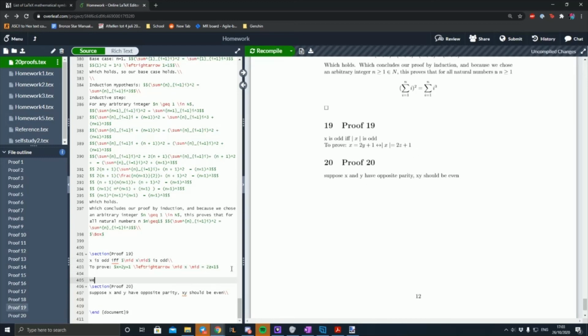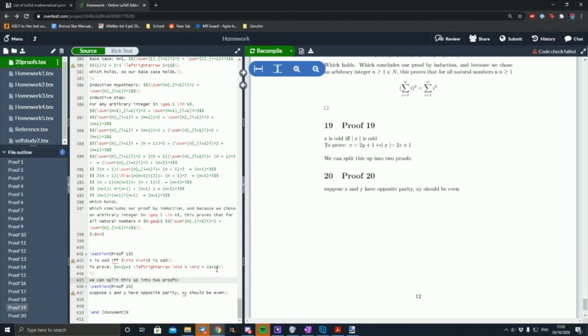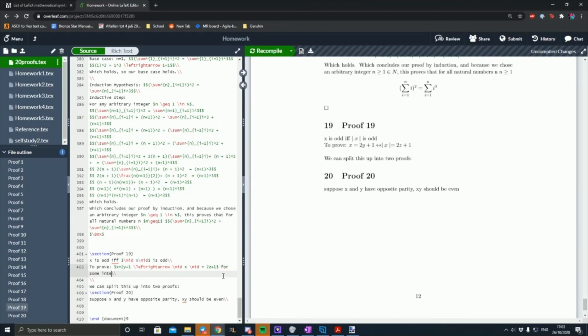Okay, so we can split this up into two proofs, different things. Namely, oh, and I should put here for some integers x, y, z, for any integer x.